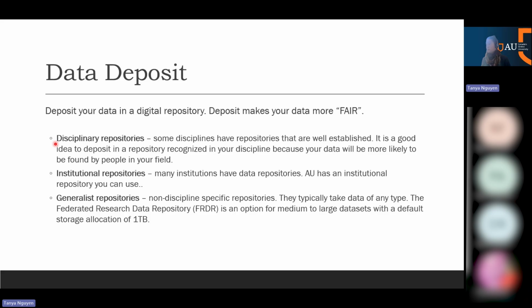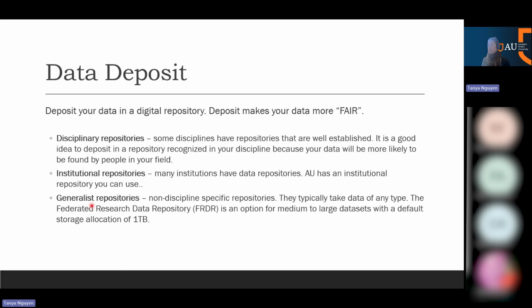Disciplinary repositories are pretty good because other people that are in your field will more likely find it. At AU, we have an institutional repository that you can use. Generally, it's also considered a generalist repository because we accept multiple disciplines, not just one.